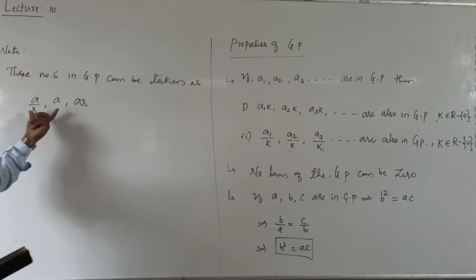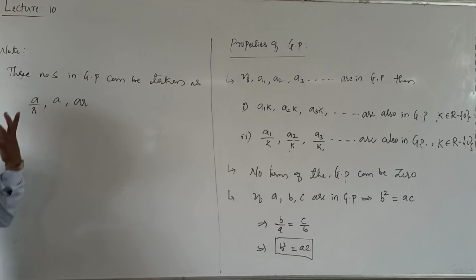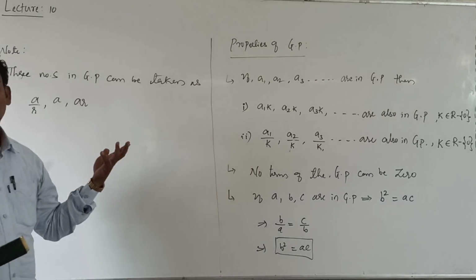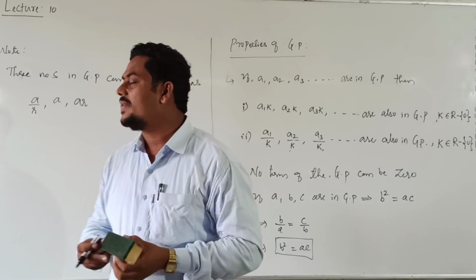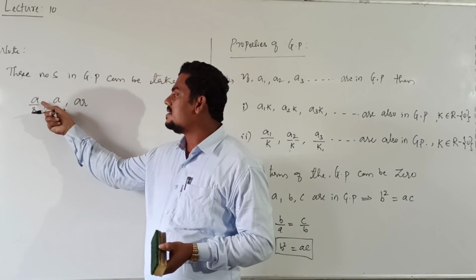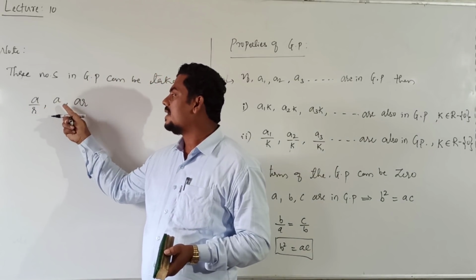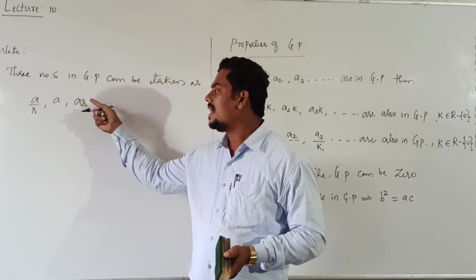This is not a fixed rule. Just for easier simplification, take 3 numbers in GP as A by R, A, AR.